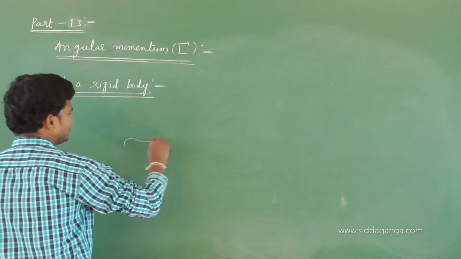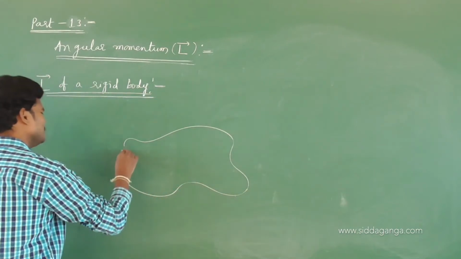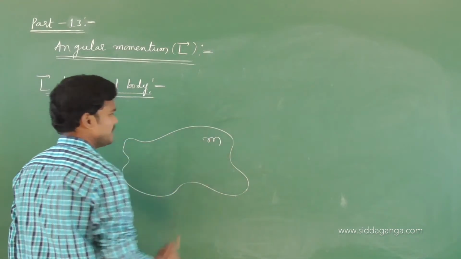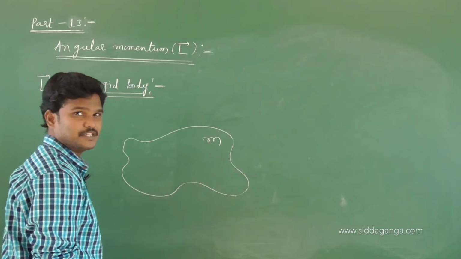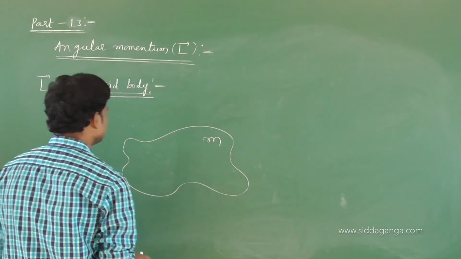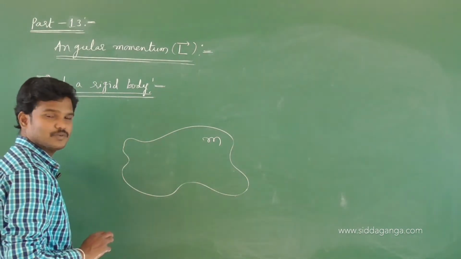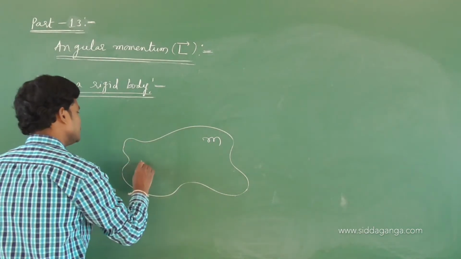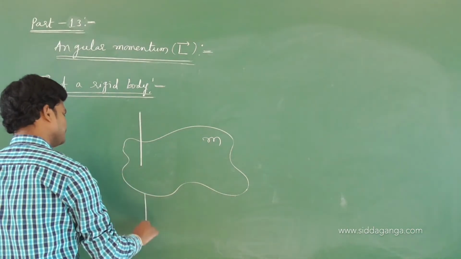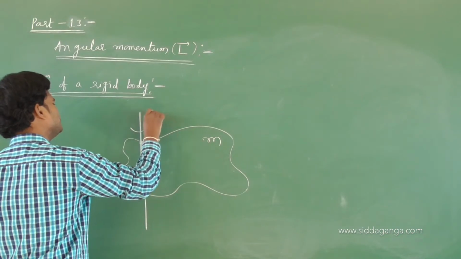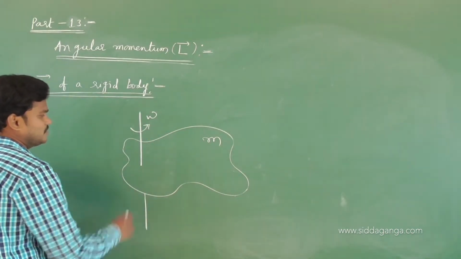Let us suppose this is the rigid body whose mass is m, and it is rotating about one fixed line, rotating like this with an angular velocity omega.